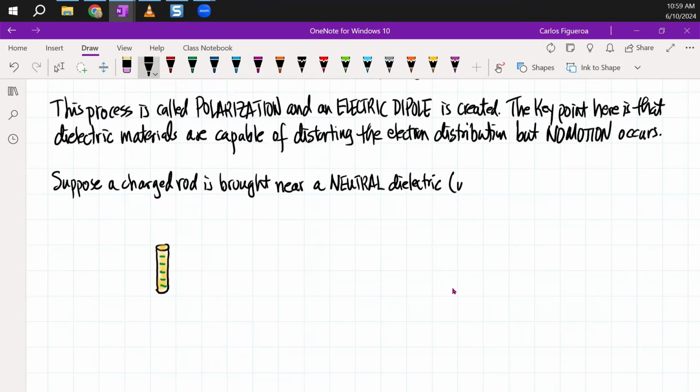We could do this with wood, or we could pick plastic. There are lots of dielectrics that we could use. Now, here's what I imagine. So now I have this guy here, and let me draw it, let's say it's this big.